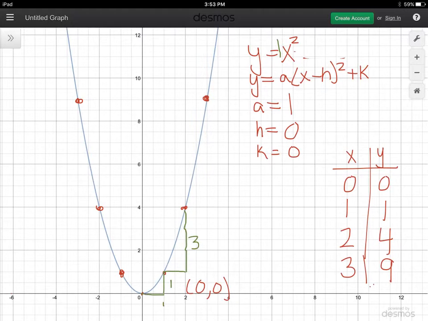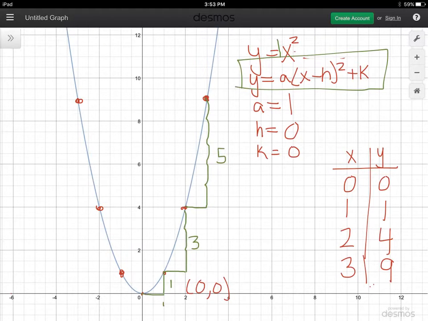There's our step of 3, and we're going to go over 1, up 1, 2, 3, 4, 5. And we have a step of 5. So our pattern here is 1, 3, 5. It would continue on 7, 9, 11. And we'll use this pattern to help us plot other parabolas of this form so that we don't have to create a table of values every single time.